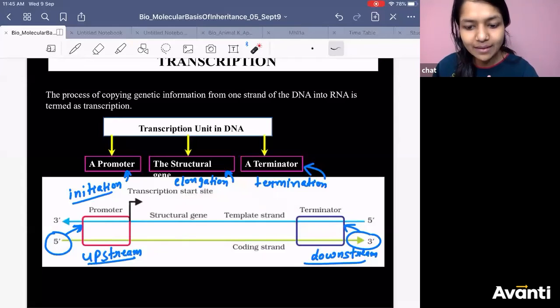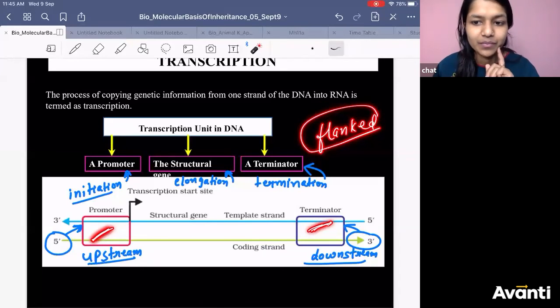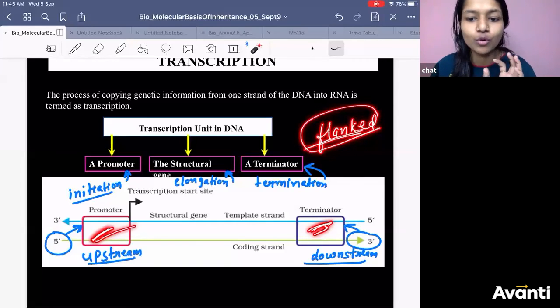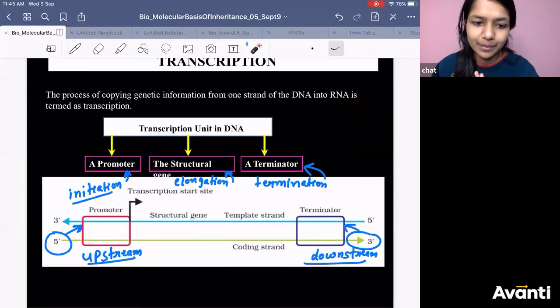In NCERT they have written that the structural gene is flanked by the promoter and terminator. What do you mean by this? It is enclosed by the promoter and terminator. This is the transcription unit.